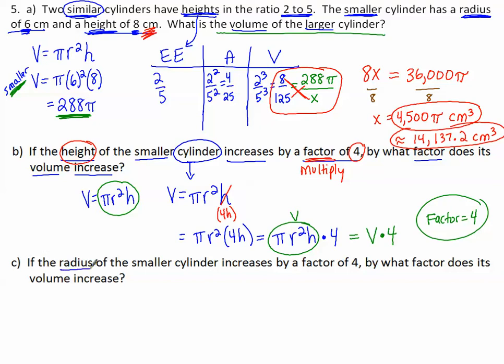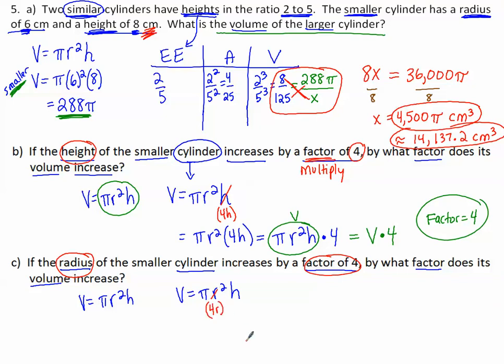If the radius of the cylinder increases by a factor of 4, by what factor does its volume increase? So again, volume is pi radius squared times height. So if we take volume as pi radius squared times height, and instead of the radius, we increase it by a factor of 4. So we take out the radius and we put 4 radii.